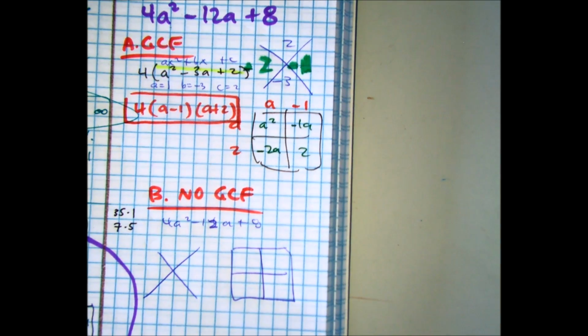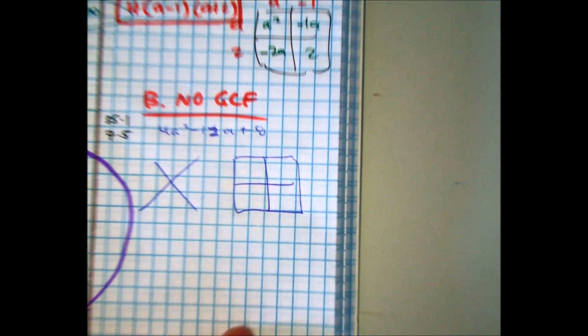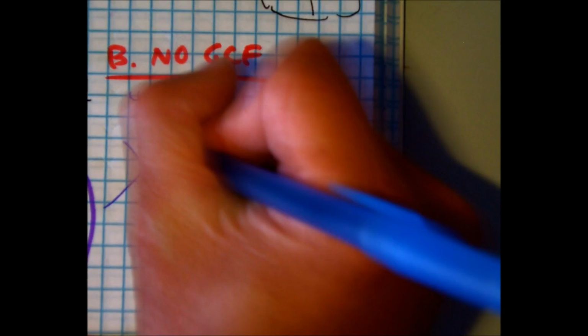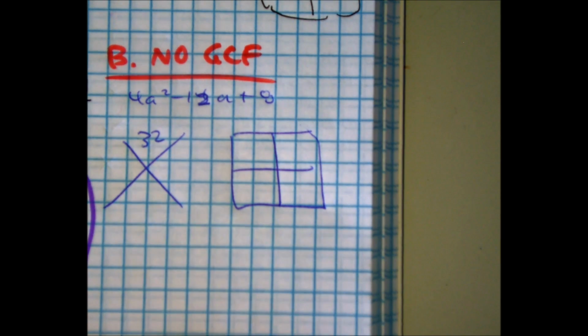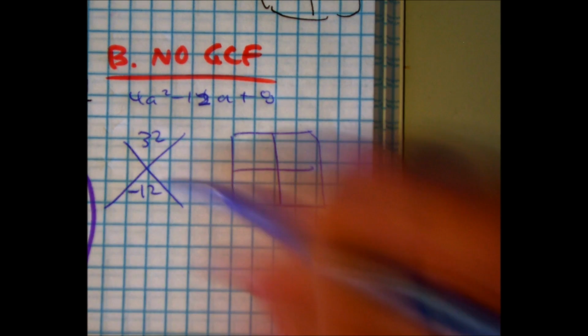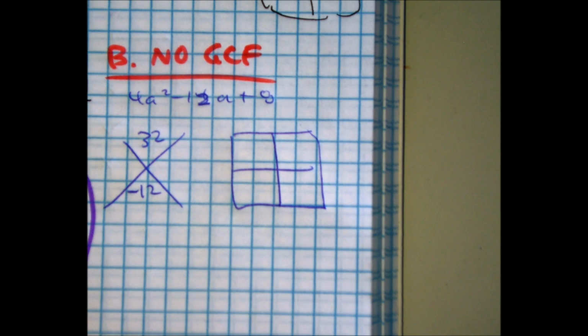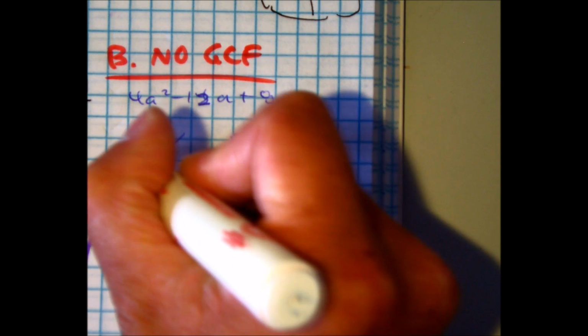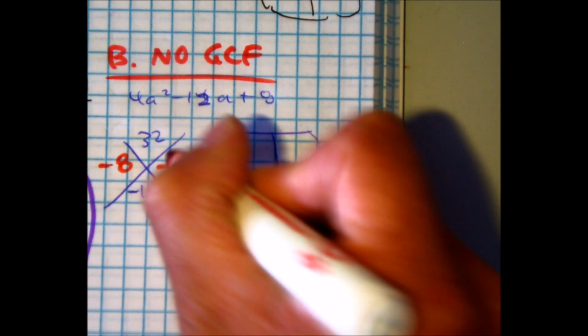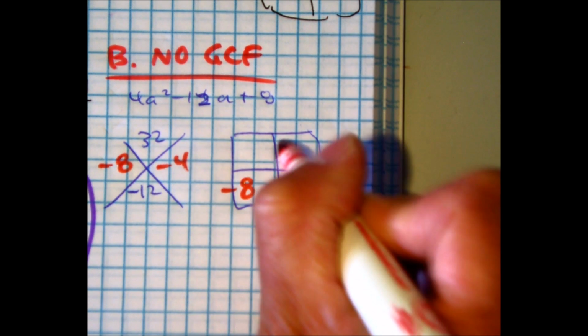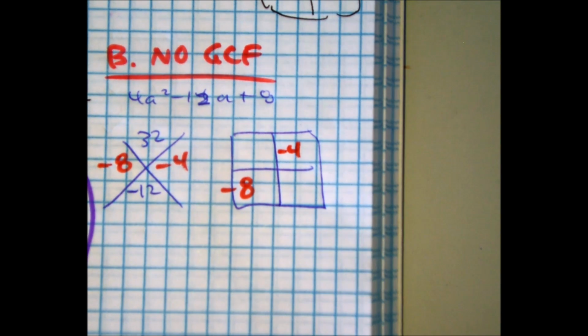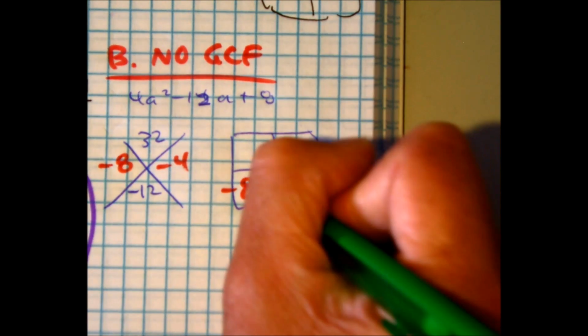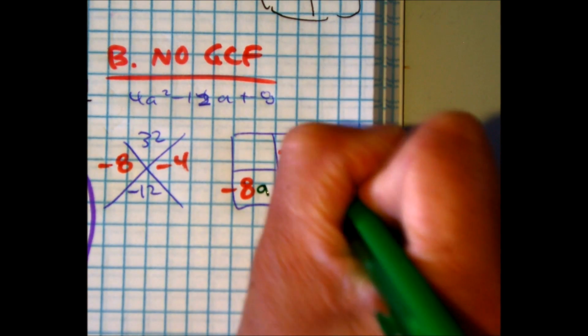Let's see what happens. Class, A times C. B value? Two numbers that multiply to be 32, but they add to be -12. -8 and -4, so I'll add the A variable.